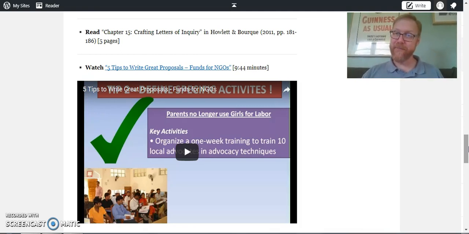And how do you do that? With a letter of inquiry or a letter of interest. Something that you craft that you send to the program officer or whoever the contact is at the funding agency or funding organization, that tells in as direct a way as possible what you're doing, why you're doing it, how you're going to do it, what it's going to cost, and what the outcome is going to be.